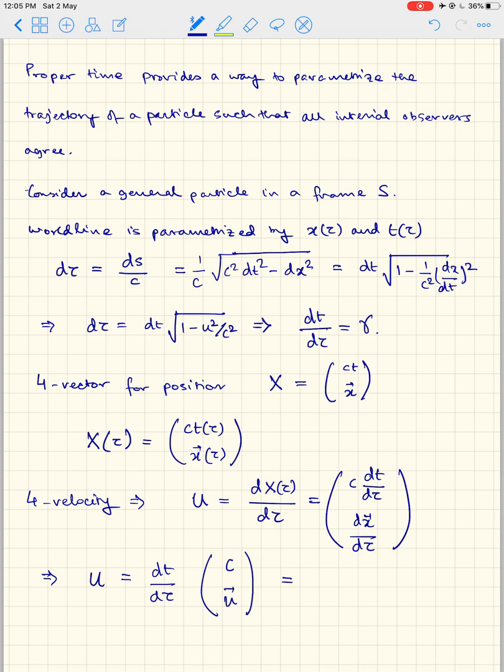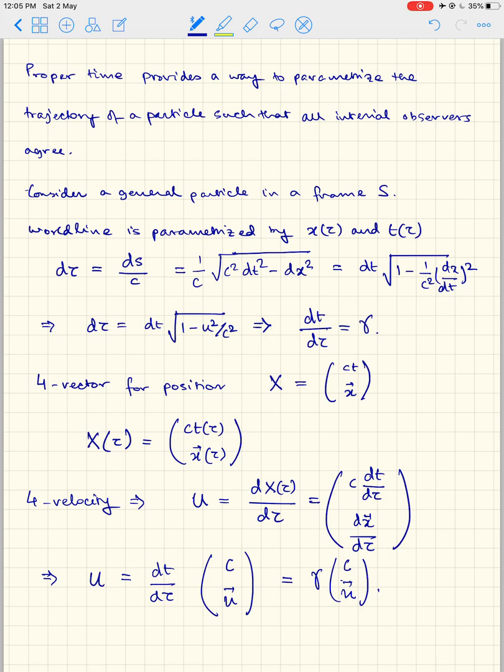And the factor in front of it is, as we have seen, just gamma. So it's gamma times c and u vector. So this is the 4 velocity.